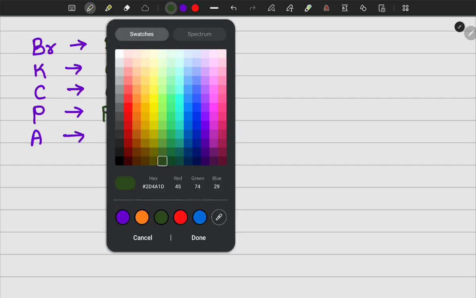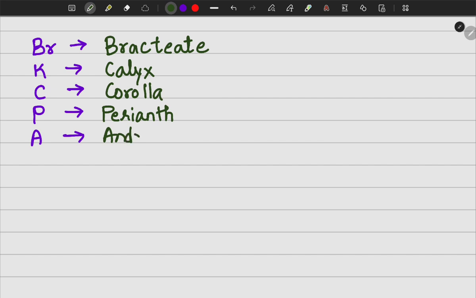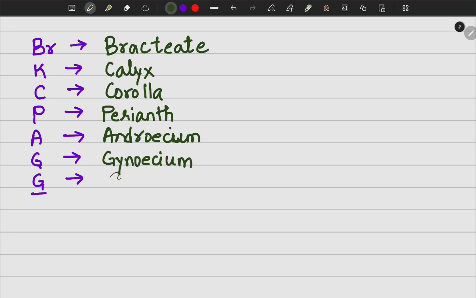A stands for androecium, G stands for gynoecium. Now if the ovary is superior, it is represented by a line drawn below G. So this line below G represents superior ovary. Similarly, if a line is drawn above G, it represents inferior ovary.